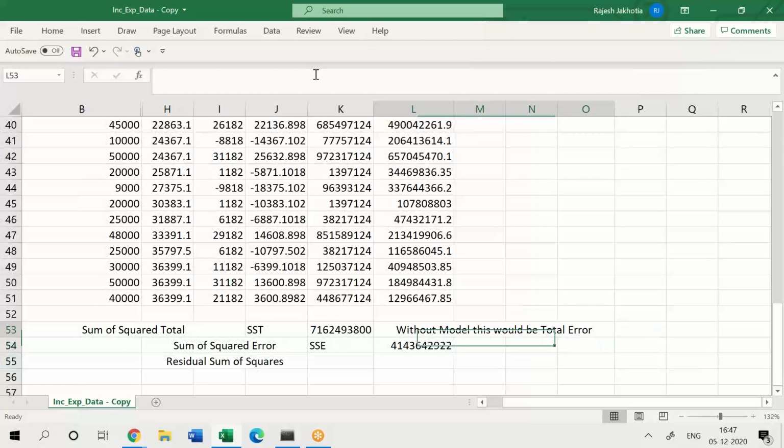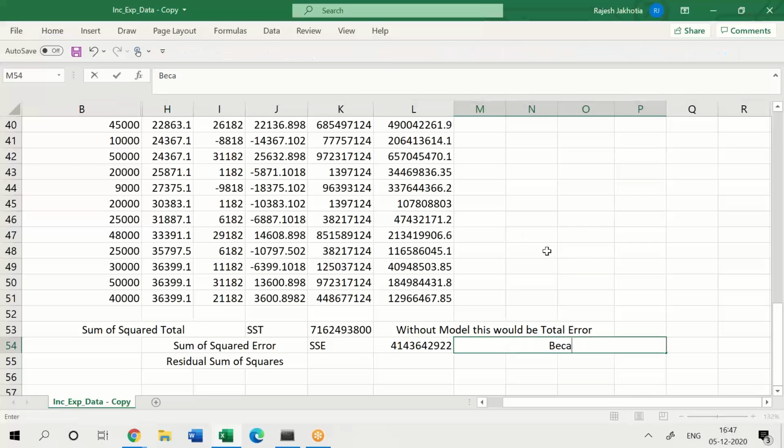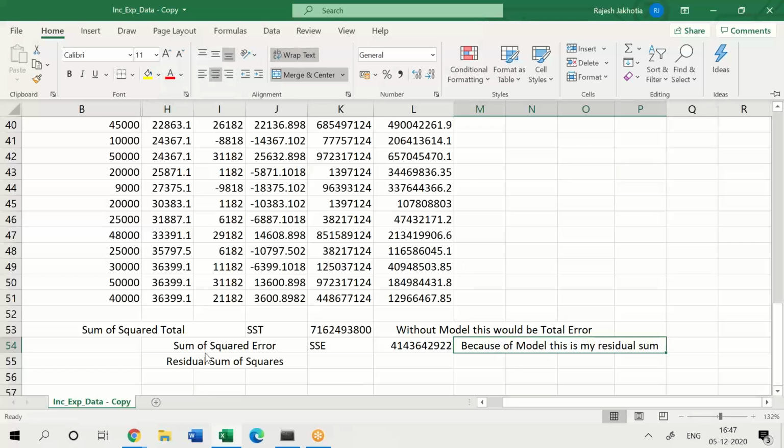And here I can say, because of model, this is my reduced error or residual sum of squared error. Right? This is not total error. This is something which is left behind despite building a model.